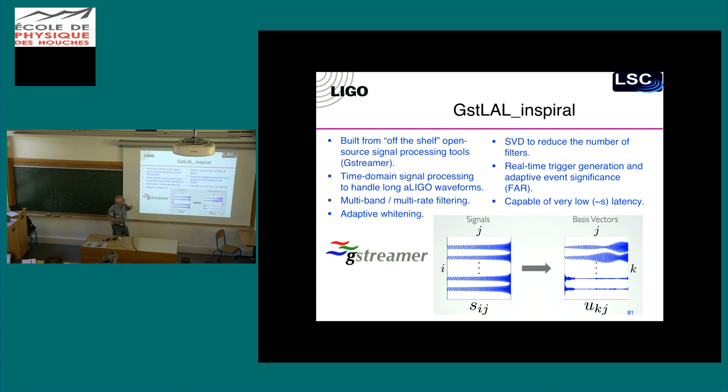GStreamer is an off-the-shelf, third-party streaming digital signal processing library. It's open source. And as I mentioned last time, if you have a Linux box and you listen to audio, you're using GStreamer. At least you used to be. I don't know if they've changed to other kinds of technologies now.